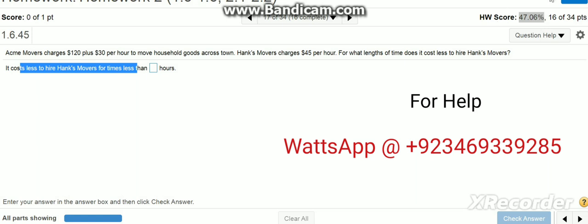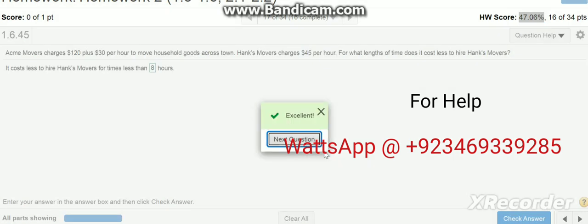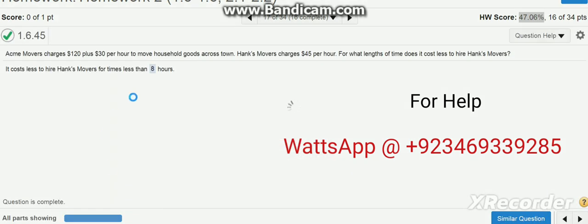So we will solve it: 120 plus 30 per hour, 30h is greater than 45h, so it becomes less than, I think, 8. So let's check it. Yeah, that's excellent, thank you.